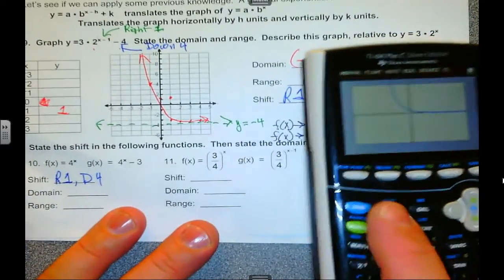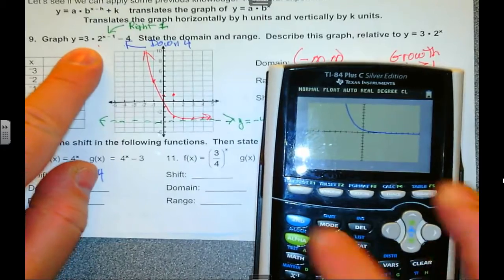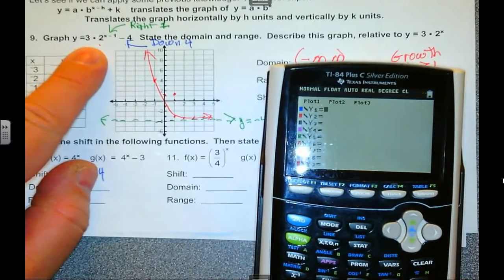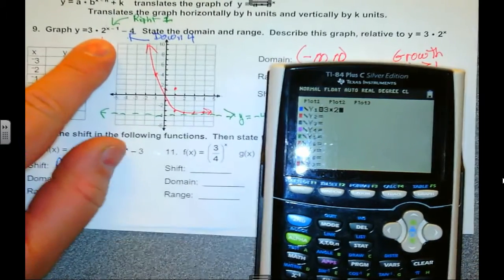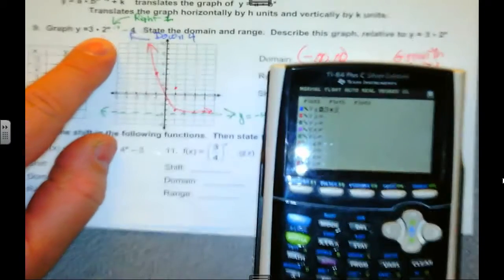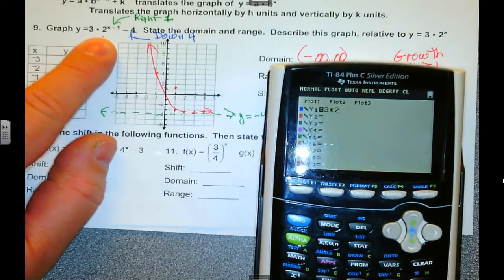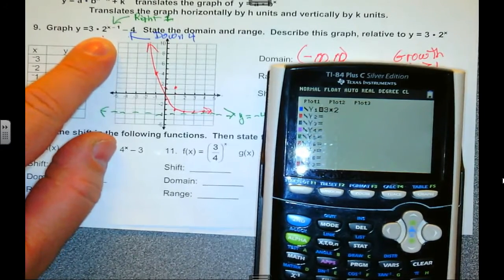Okay, let's do this. Let's see, I've got 3 times 2. Now, when you have exponents with more than just x, you have to use parentheses, right?